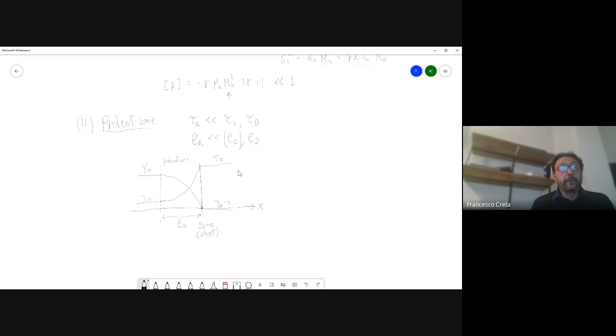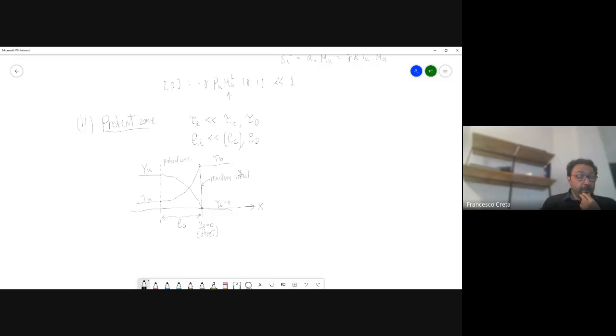So let's write it. This is the reaction sheet. The function of this reaction sheet is that it will essentially fix the downstream boundary. The downstream boundary is temperature equals TB and YB equals 0.